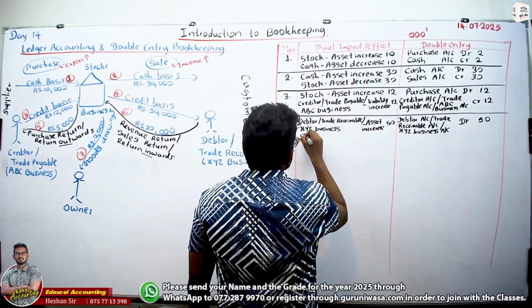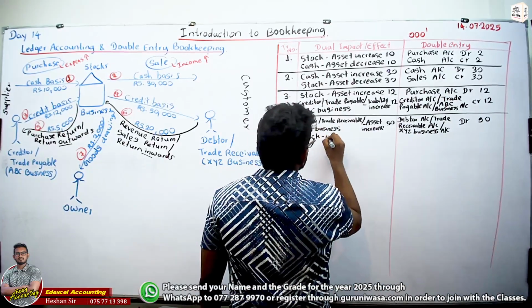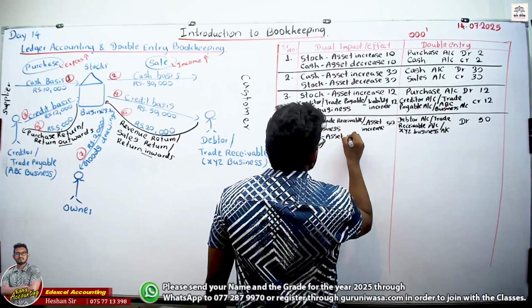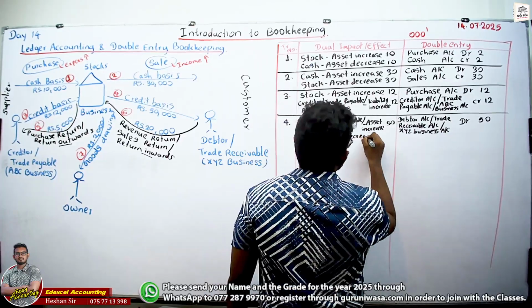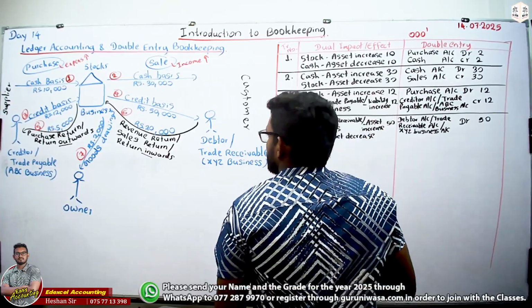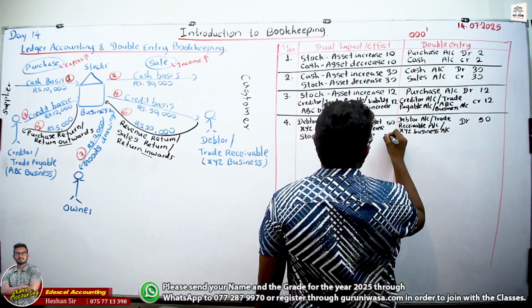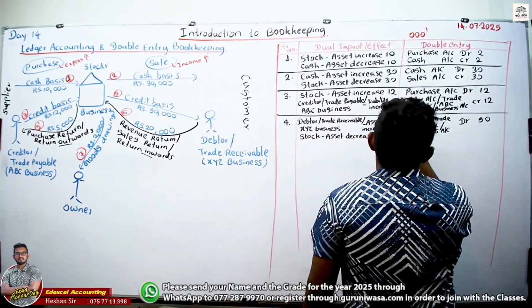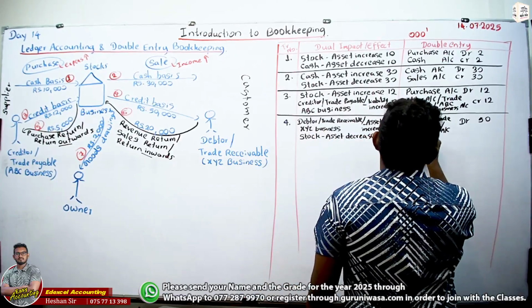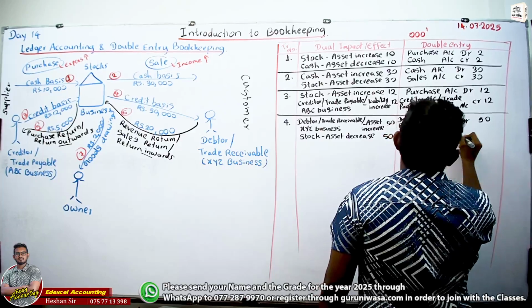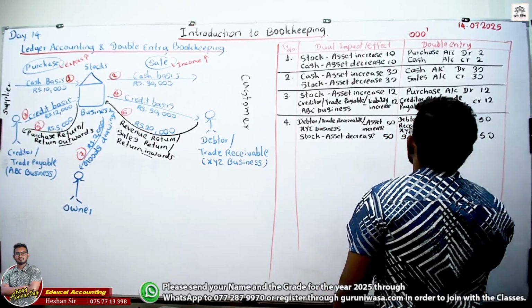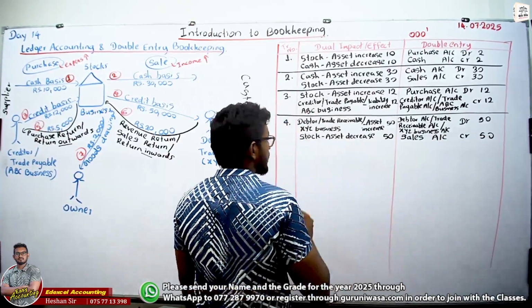Stock asset decrease by 50. So sales account, credit by 50. Don't write early, enough time.